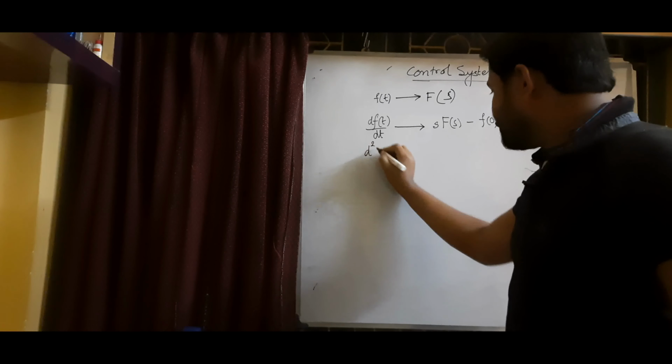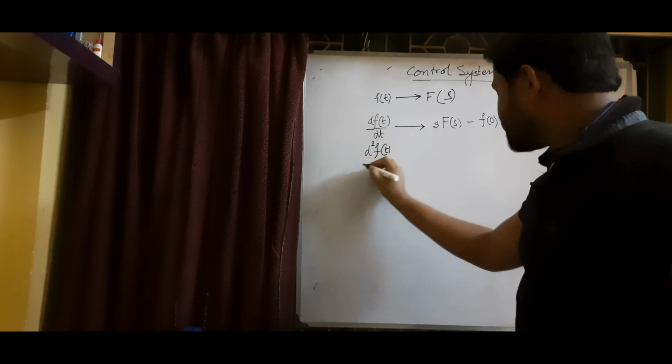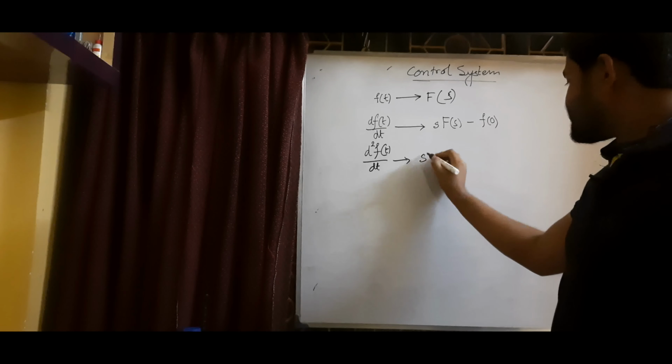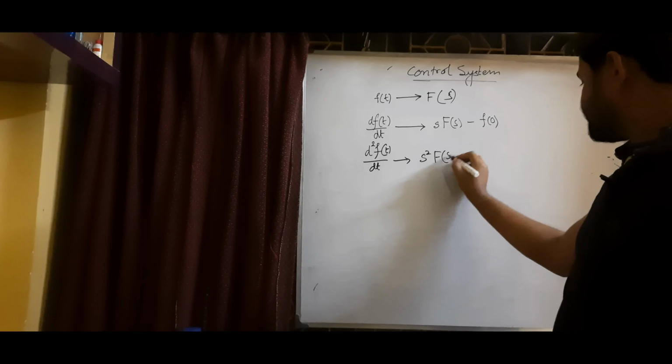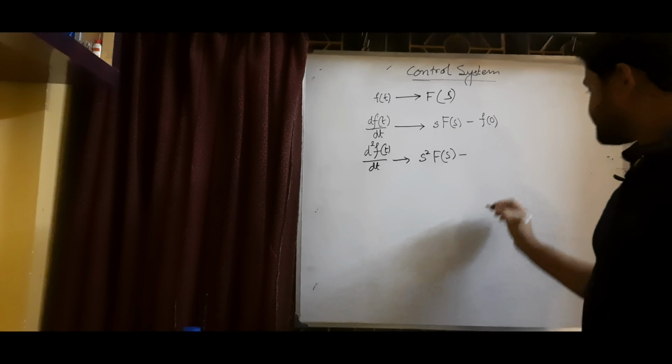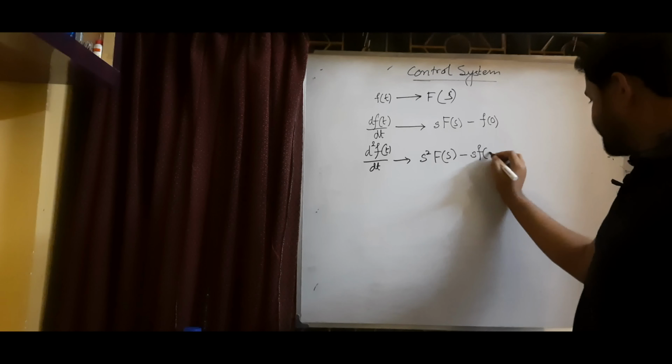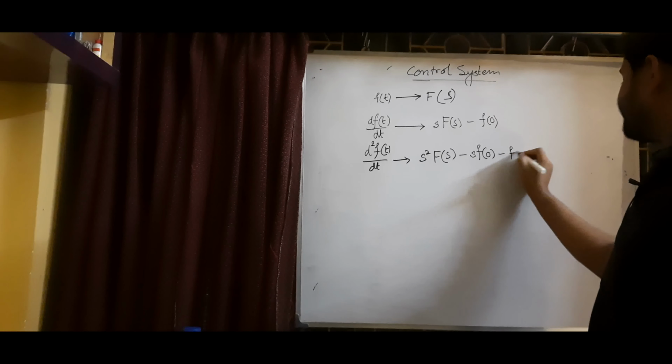Again, if you do the second differentiation, then it will be s squared F(s) minus s f(0) minus f dash 0.